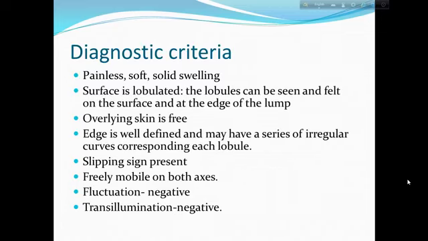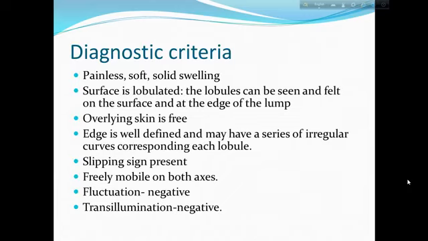Fluctuation test means checking whether fluid or another tissue is present. How do we do the fluctuation test? In case of a small tumor, two fingers are placed between the center and the edge of the swelling, and pressed.